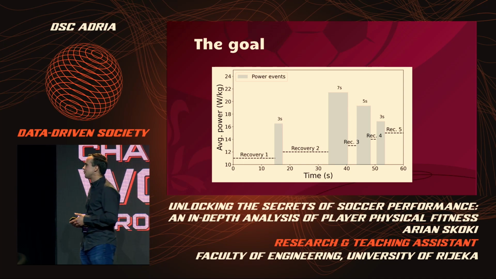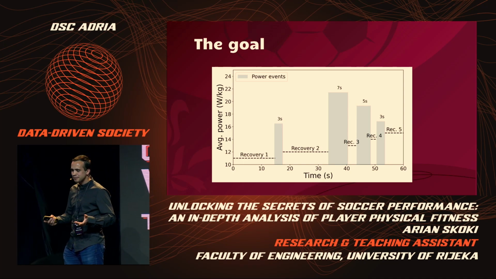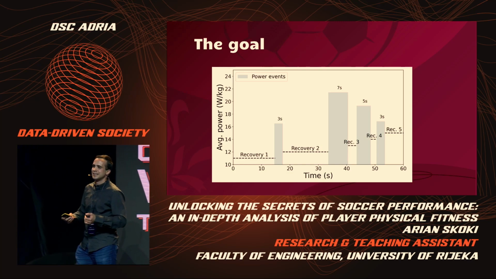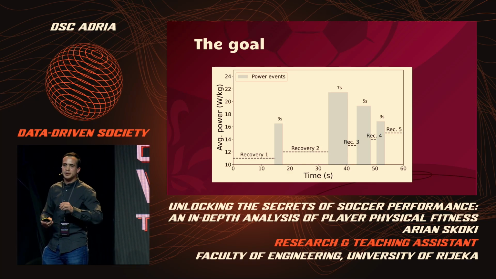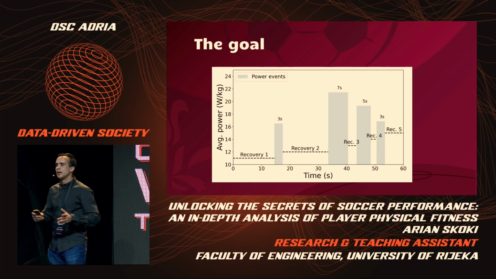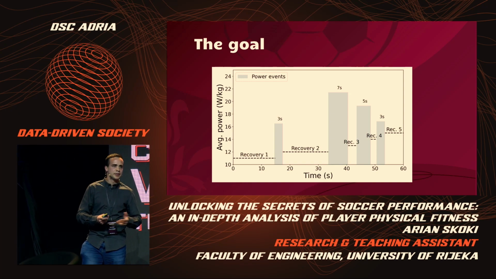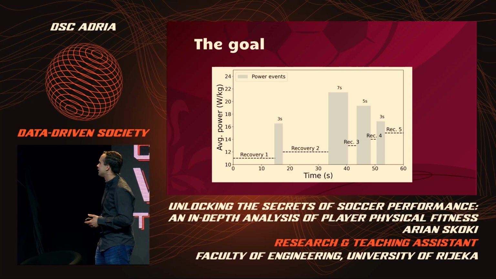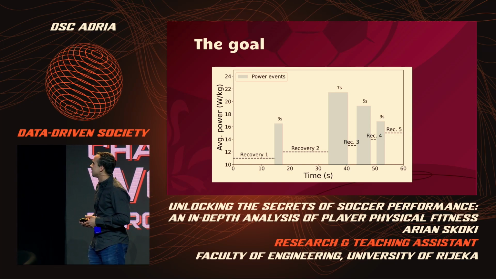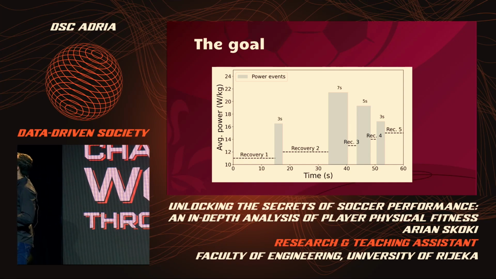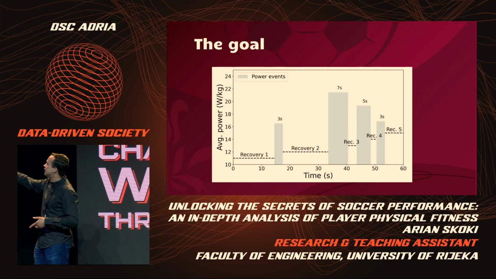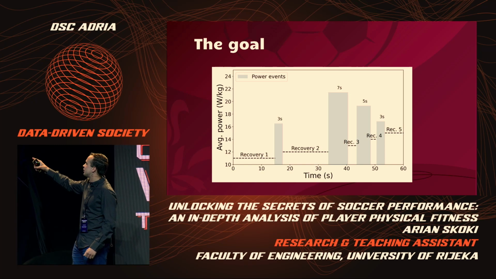But professional football players are very fit, and their performance doesn't decrease by 90%. It's 10 to 20% at the end of the match, which can mean a huge difference in the end result. And this is an example of a player doing these high metabolic power events. You can see that he did the first event, which lasts for 3 seconds.